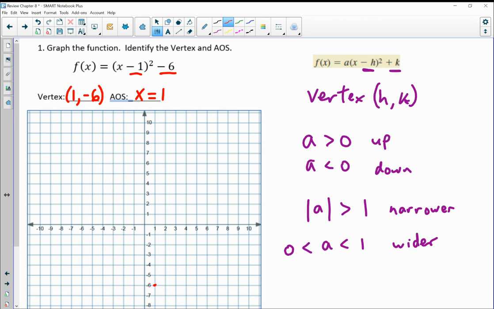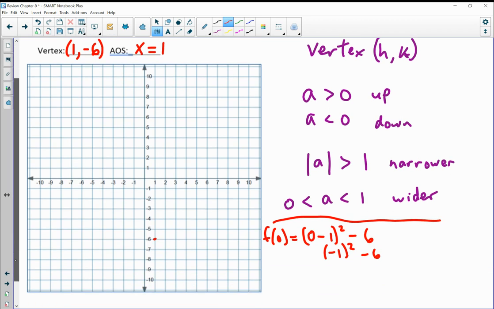So we have 0 minus 1 squared minus 6. That gives us (-1) squared minus 6, which is 1 minus 6, which is -5. So that means we have a point at (0, -5).